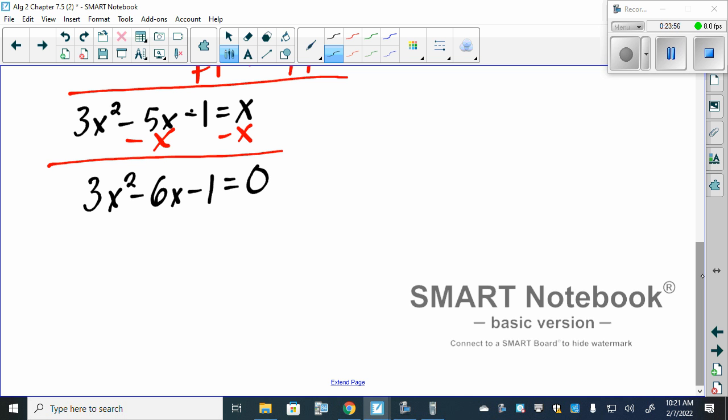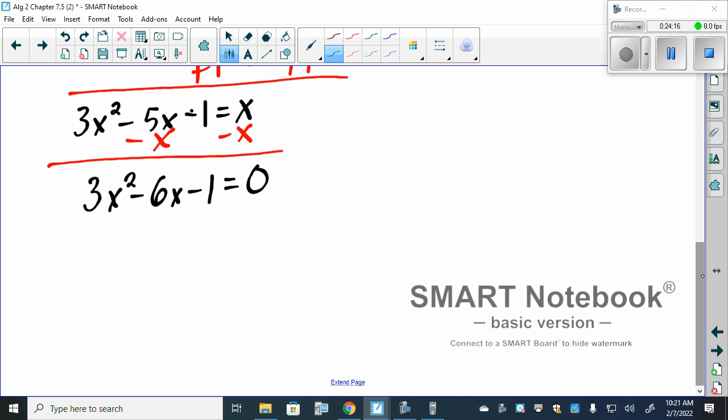Not good. Because here we're trying to find factors of 3 and 1 that would multiply and then add together to give us 6. Well, that's not going to happen. Because really we would need the negative 1 to be something bigger, or really the 1 to be something bigger. So if we're looking for 2, 3, then we have a better chance of it working.